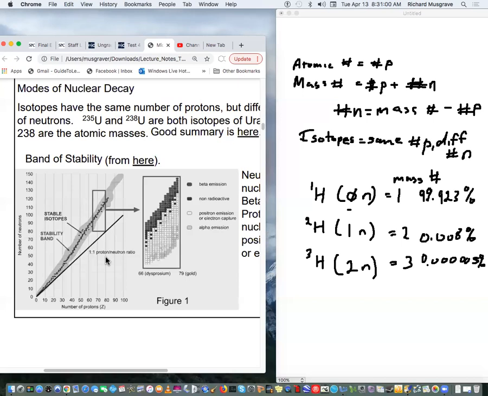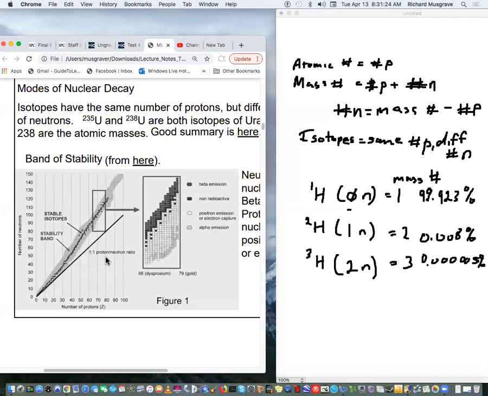So the nucleus is the size of a grain of rice. The atom would be the size of the entire stadium. So what I'm talking about is a very, very densely packed nucleus here. So that's what happens. We add in more neutrons in order to make it more stable. Does anybody have any questions so far?